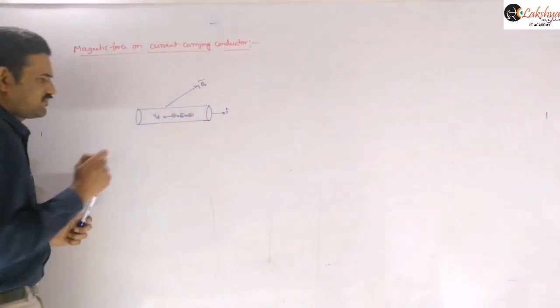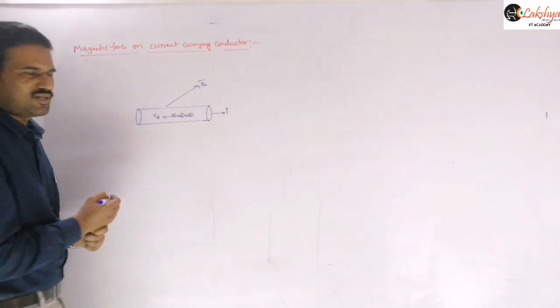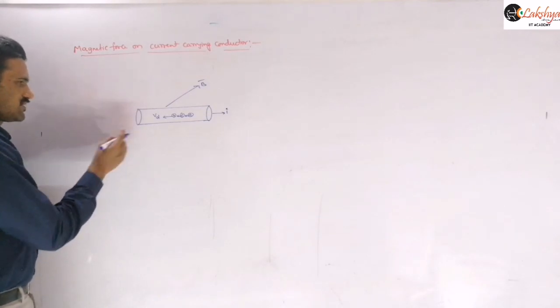Now suppose we take a simple electron, for example. First of all I am writing the force acting on one electron. This is a conductor.